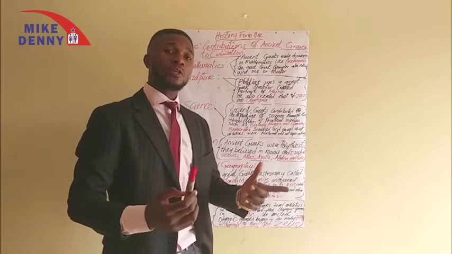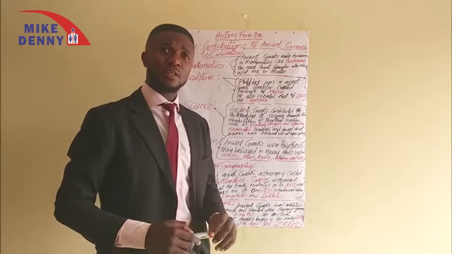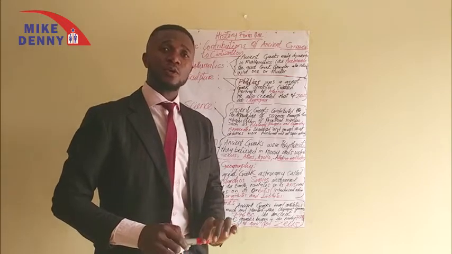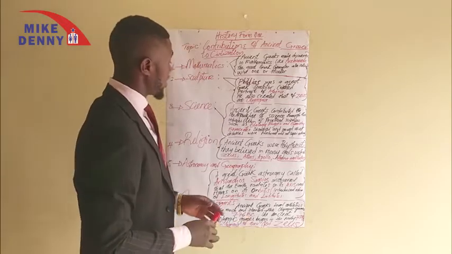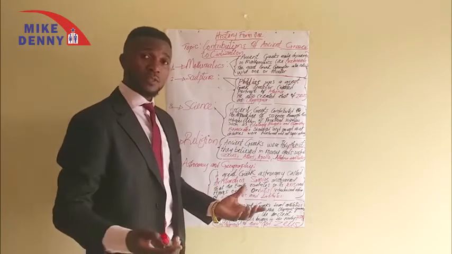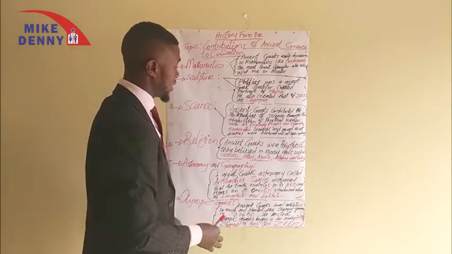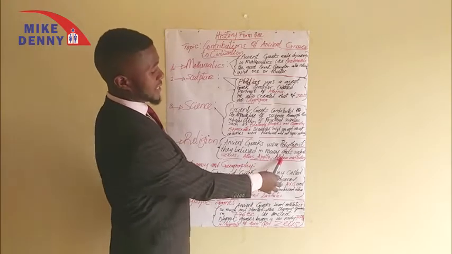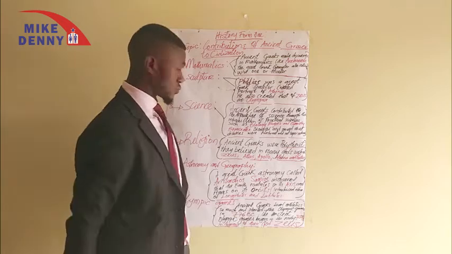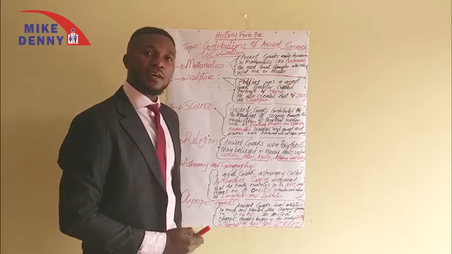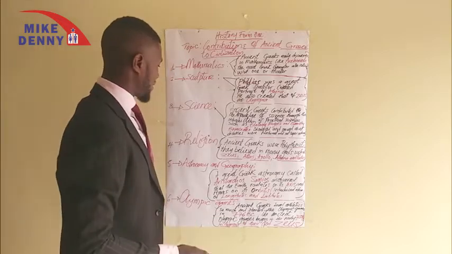We equally saw this with the Egyptians during the Egyptian civilization, where they believed in so many gods as well. Examples of some gods of the ancient Greeks included Zeus, Atlas, Apollo, Athena, and Pontus. Those were some of the gods that ancient Greeks had.